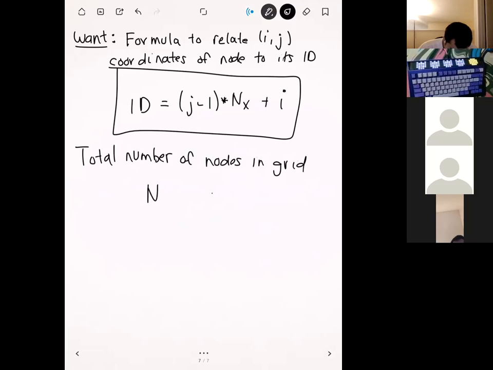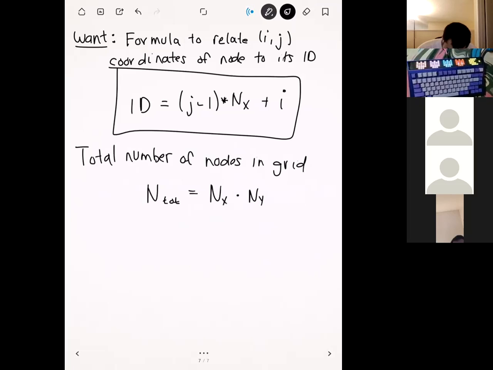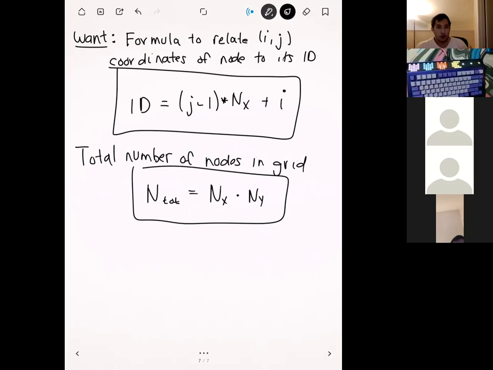So we'll call that n tot. So for n total, okay. And this is simply just going to be the product between nx and ny. Okay. Right. And so to get the total number of nodes, you just take the number of nodes that you have in the x direction, the number of nodes you have in the y, and you just multiply them, and that gives you the total number of nodes. Okay.